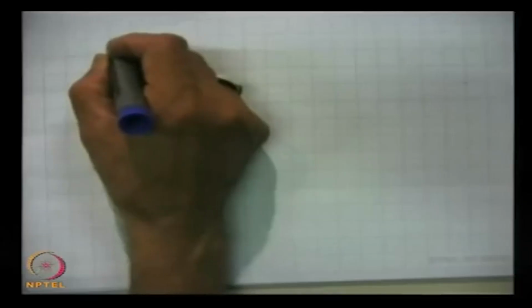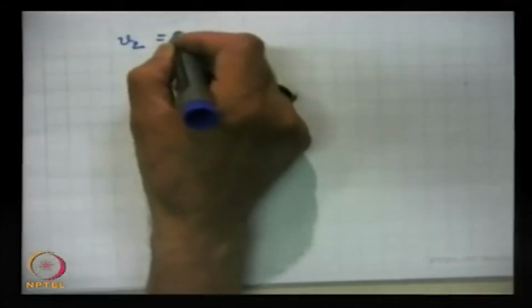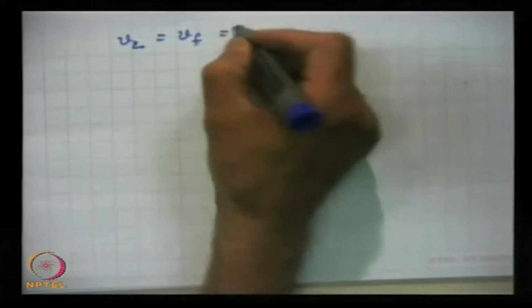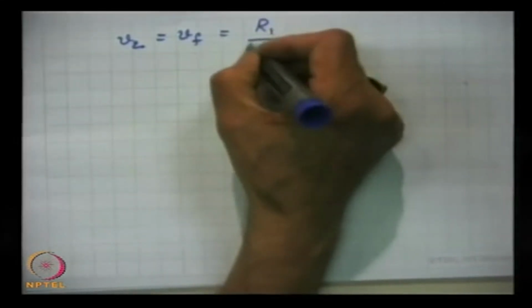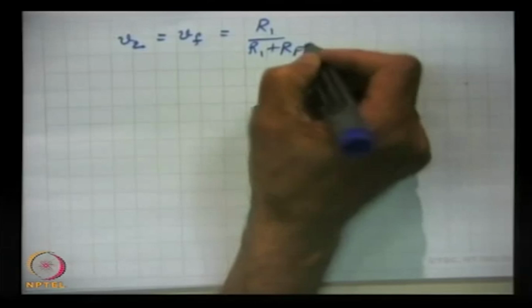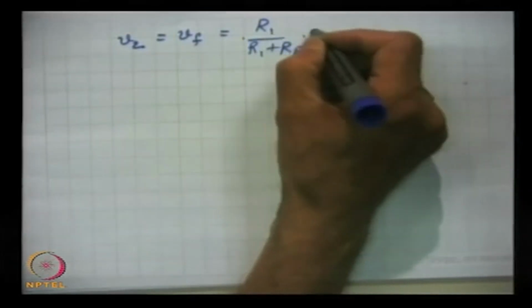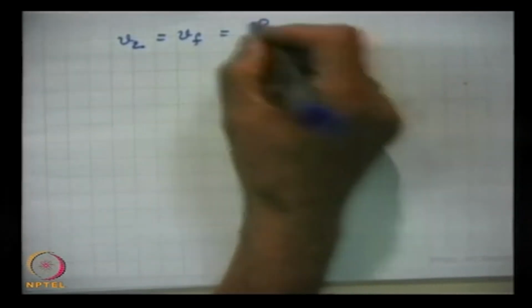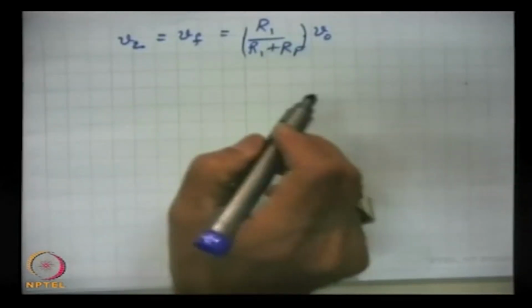Now from this equation, V2 equal to Vf, which was equal to the voltage divider R1 by R1 plus Rf into V0. This is Vf.